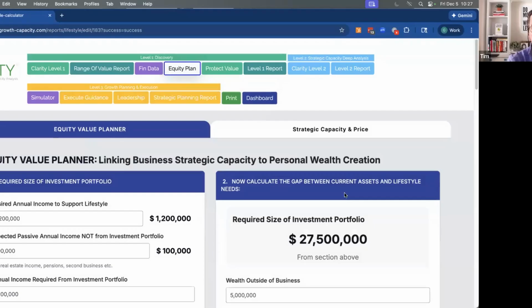What if I didn't click that? Does that stay in the equity value planner, or does it not go to the simulator, or what happens with it? You want to push the data out there. The software is written to save all of your entries. However, I do not control the connection between your computer and the software, so if there's any kind of hiccup, which is rare but could happen, your work might not be saved.